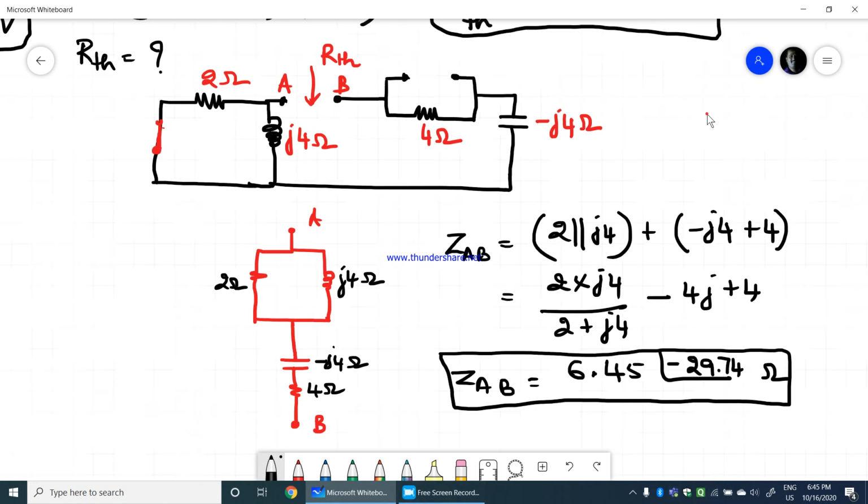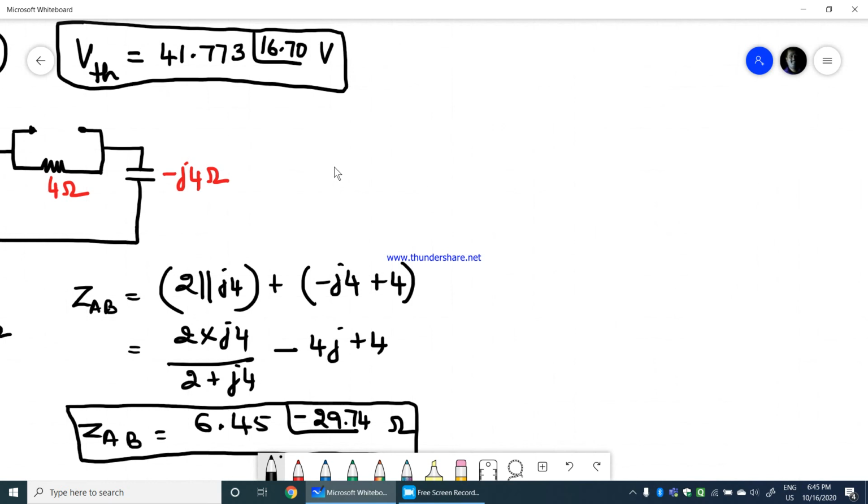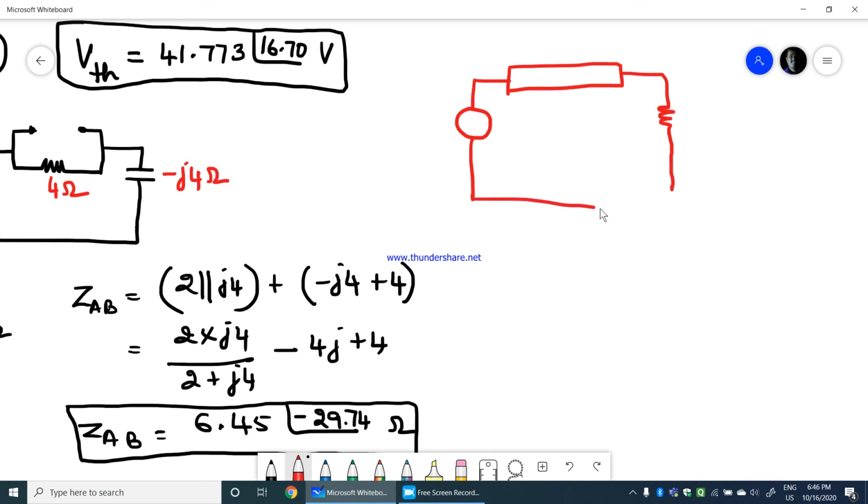Fine, so we got VTH and ZAB. Our job is now to write the Thevenin's equivalent circuit: VTH, ZAB, and then we have RL, because the load is purely resistive, which is given in the question.